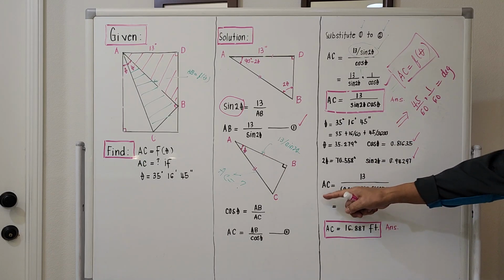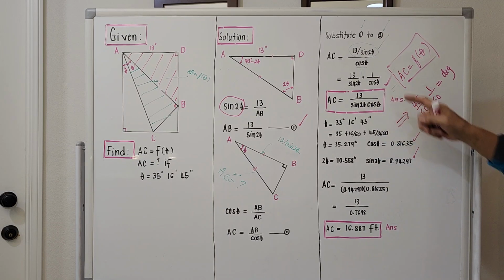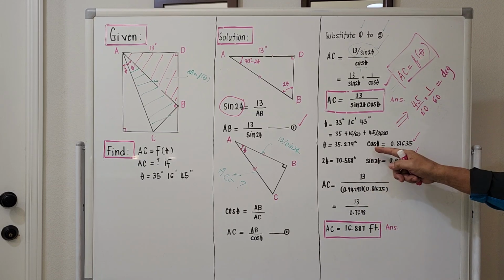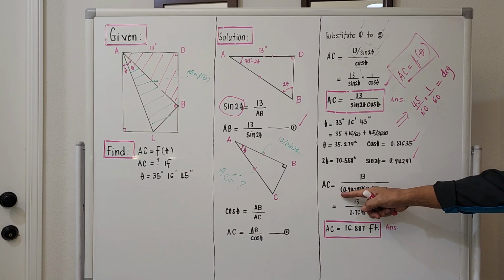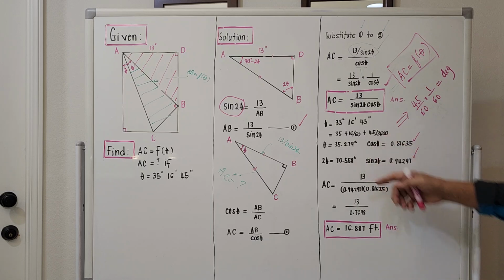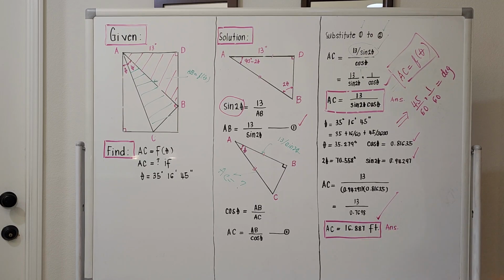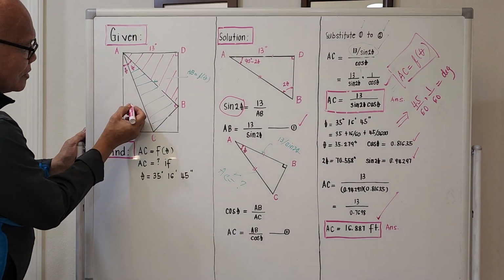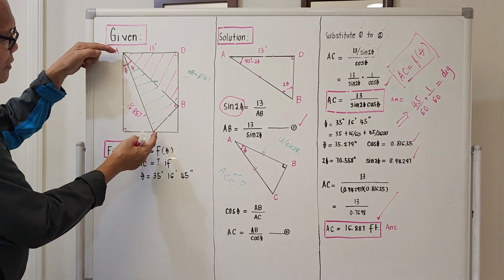So AC will follow this: 13 over sine of 2 theta, where sine of 2 theta is 0.94297, times cosine of 2 theta, 0.81635. If you multiply the product of these and divide 13 by it, what will come out is AC equal to 16.887. So AC is 16.887, this length here.